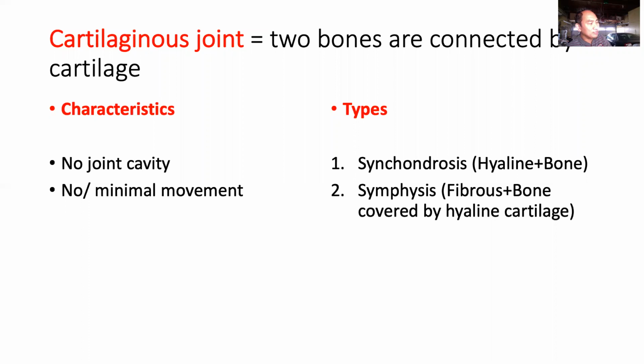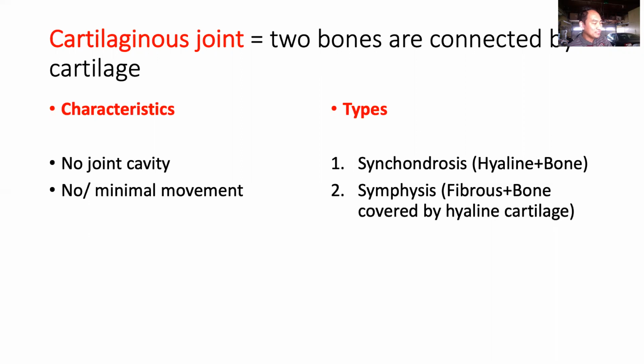There are two types of cartilaginous joint. First is synchondrosis, and second is symphysis. So what is synchondrosis? Synchondrosis means hyaline cartilage and bone joining to each other.